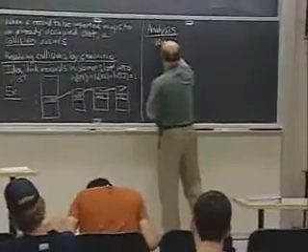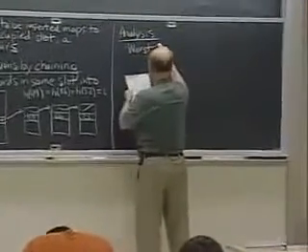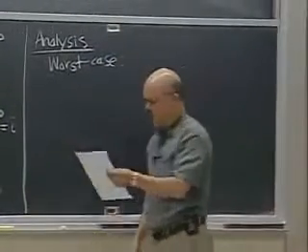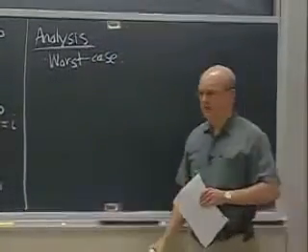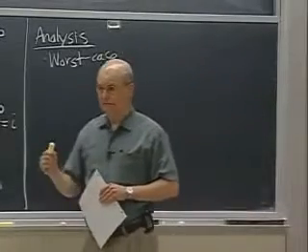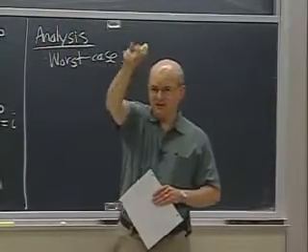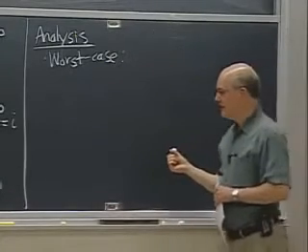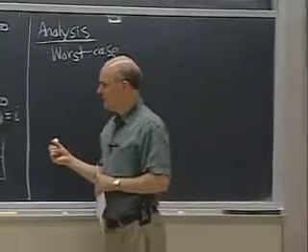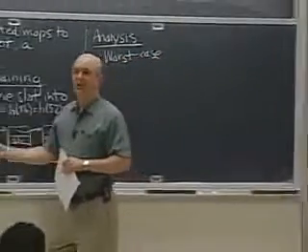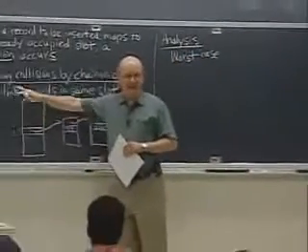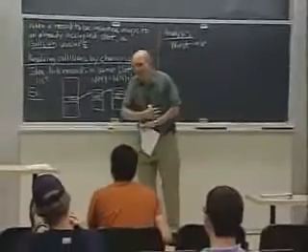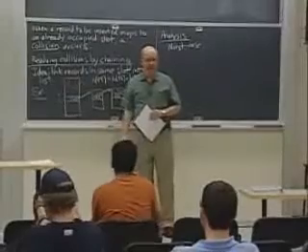We'll first do worst case. So what happens in the worst case with hashing? Yeah, all the keys in S. I happen to pick a set S where my hash function happens to map them all to the same value.